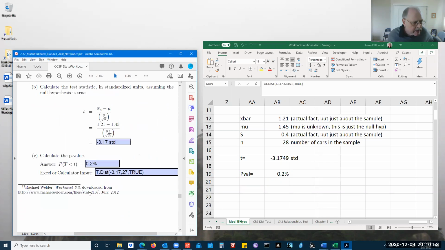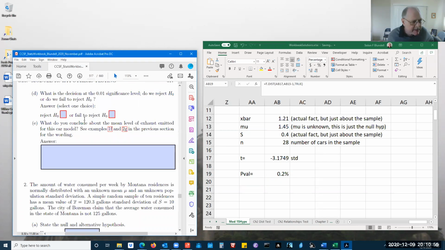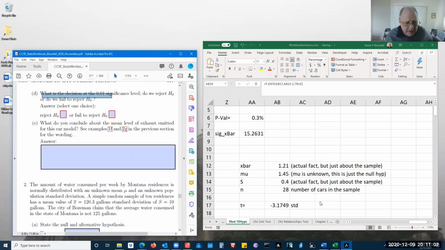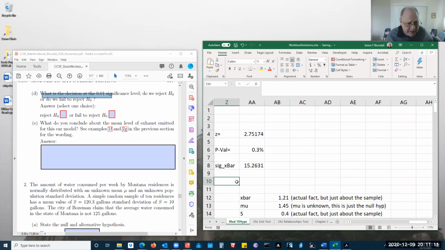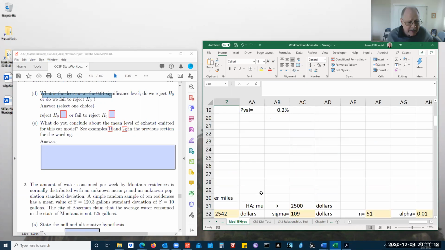So do we reject the null hypothesis? Yes, let's see. We're doing our test at the 1% significance level. Okay, so our alpha, where am I?